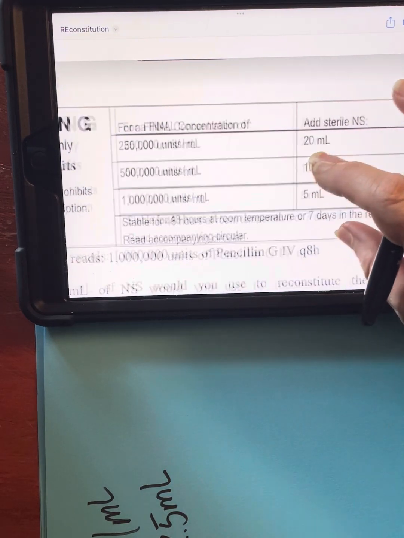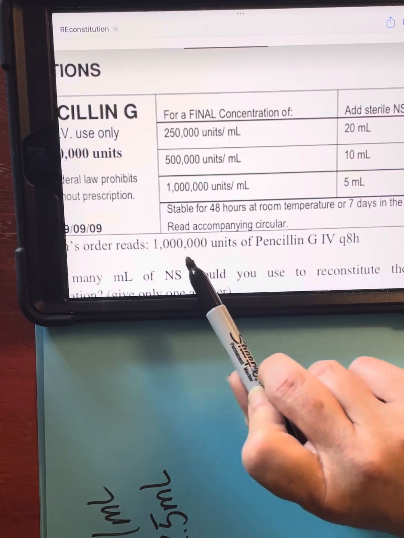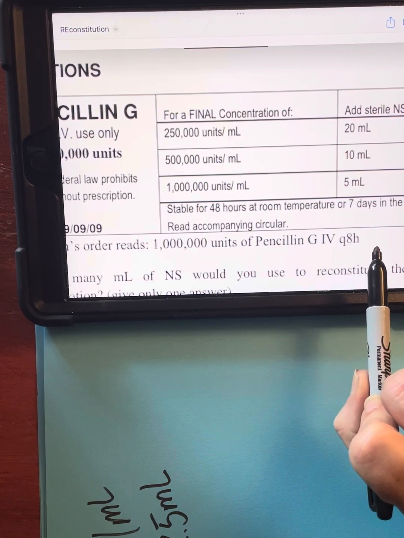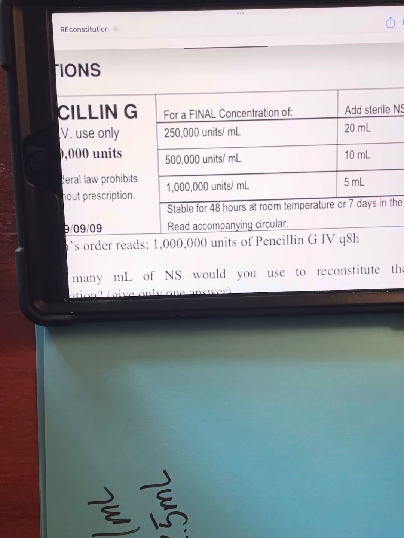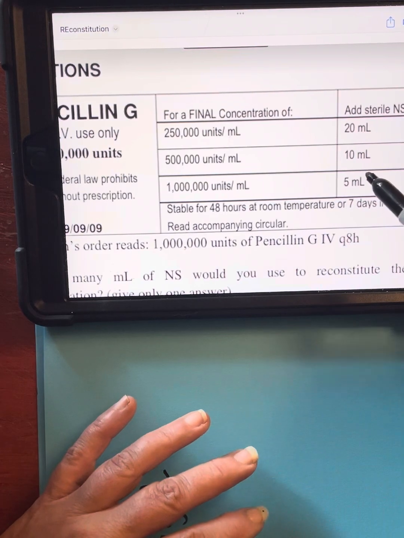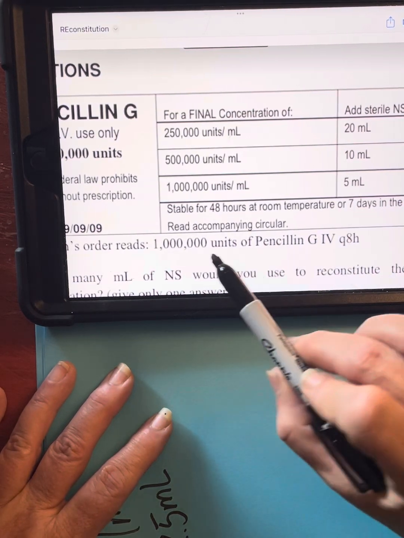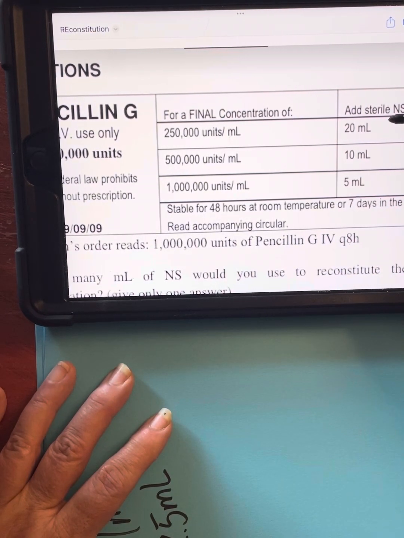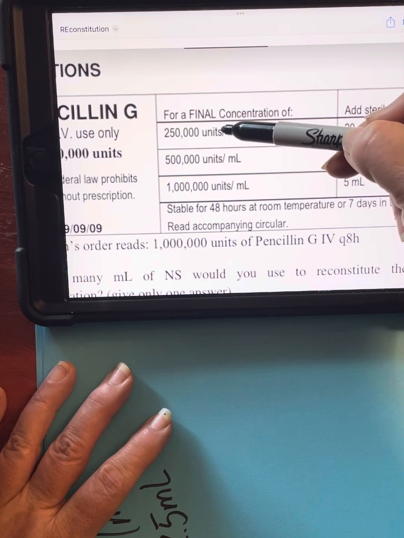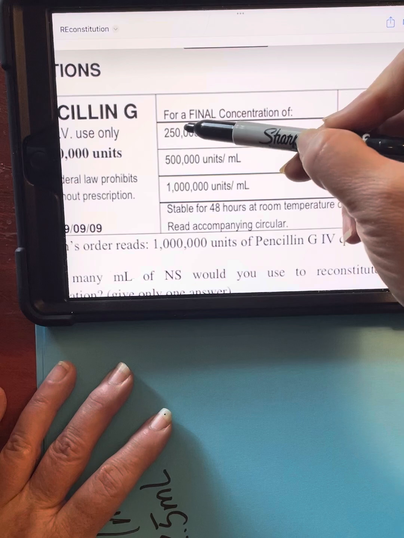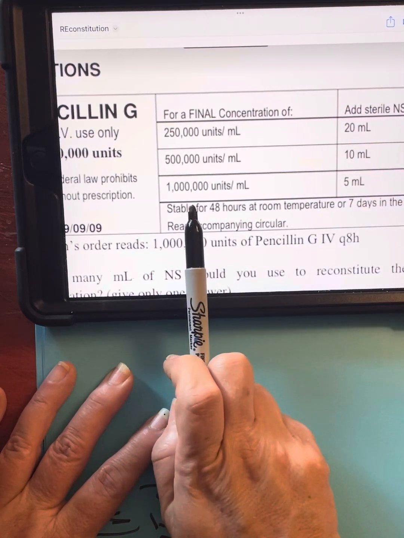Okay. Now he wants 1 million units. So I'm going to put the 5 million, ideally 5 milliliters, sorry. I would not want to put 20 milliliters in there because it's going to take 4 of these to make it, like it takes 4 quarters to make $1. You see that?